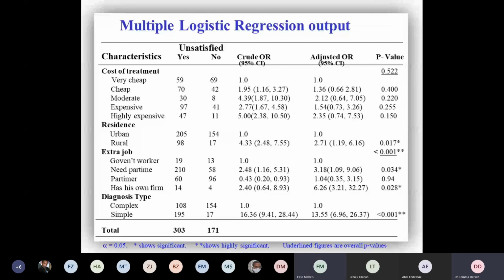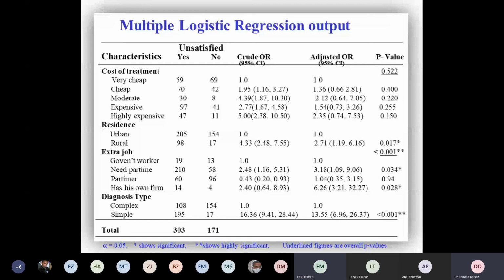ኮንፊደንስ ኢንተርቫል ደግሞ ብዙ ነገር ይናገራል። ፒ-ቫልዩ ሲግኒፊካንት መሆኑን ይነግረናል፣ ያ ሲግኒፊካንት መሆኑን ይነግረናል። If the confidence interval includes the null value, 1 for odds ratio and 0 for the others, then that means it is insignificant. Similarly, if the p-value is greater than 0.05, then it is insignificant, right? And if you are to see the strength of the association, of course, p-value is very good.